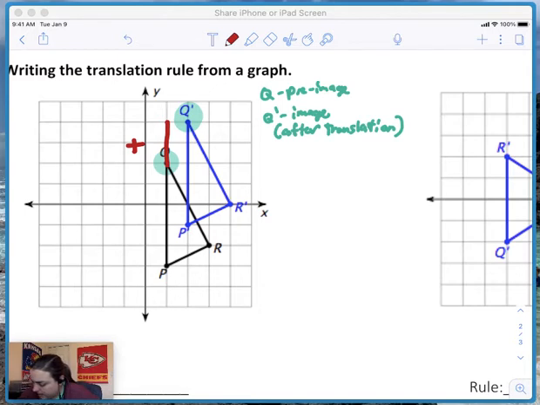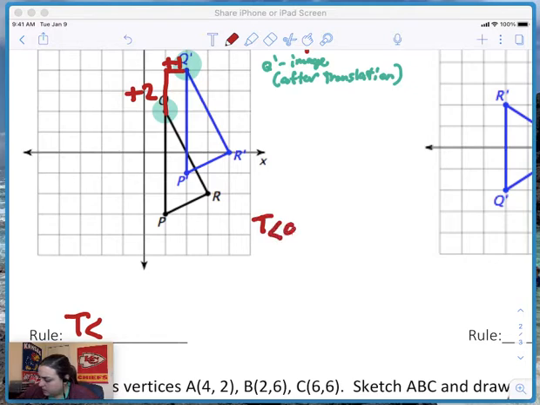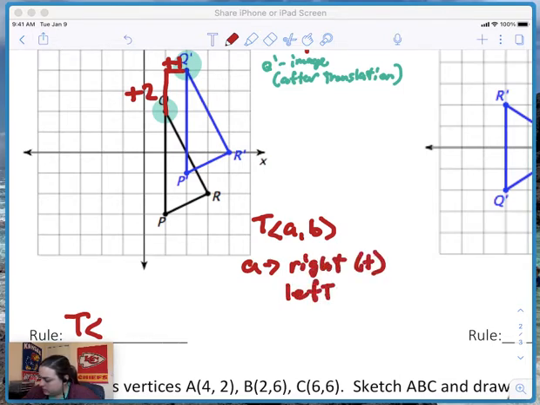I'm going to go up 2, and then I go over positive 1. So I'm going up and to the right. Let me copy down the rule real quick again, because remember we have T, A, B. Remember your A: if it's right, it's positive, and left is negative.